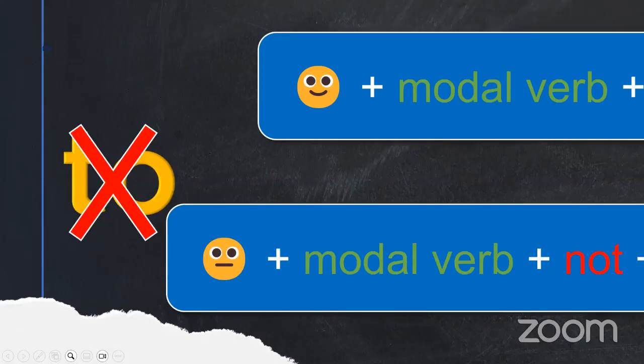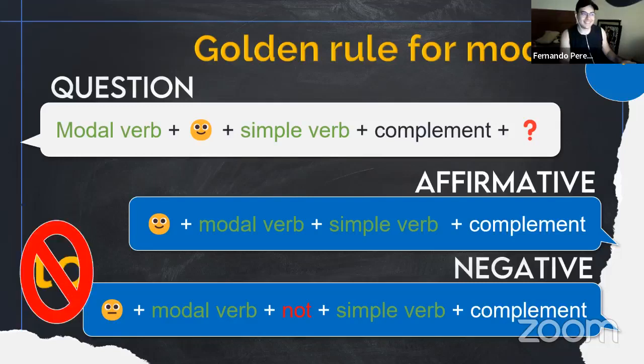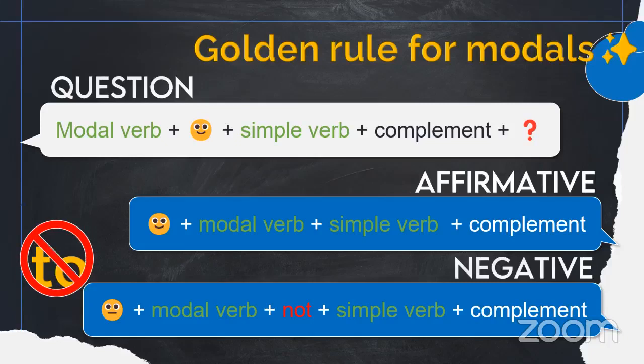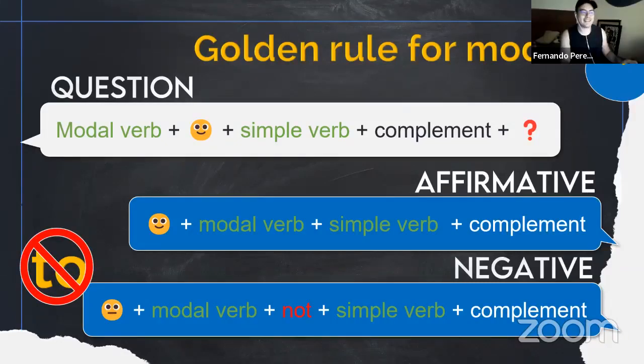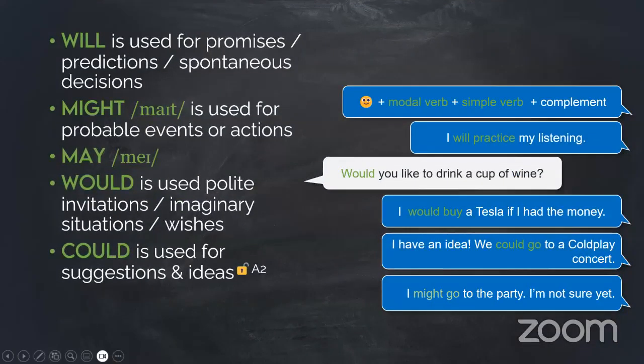Do you remember this? No, I might to eat or only eat? Only eat. To is prohibited. We cannot say to. I might eat hamburger next Monday. Exactly.